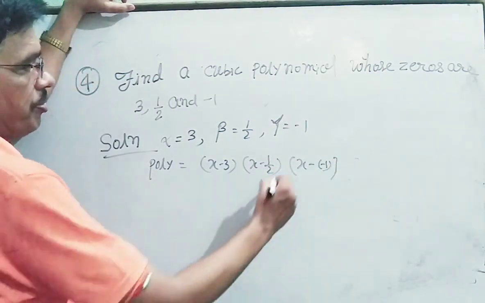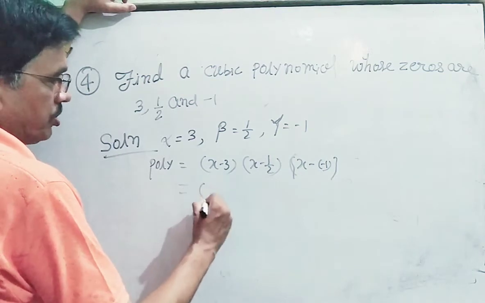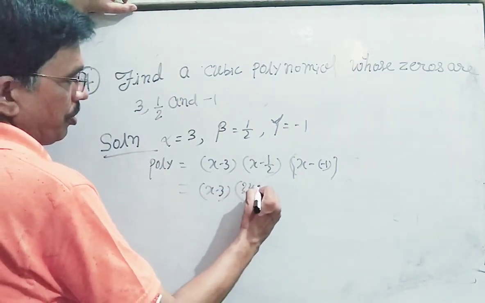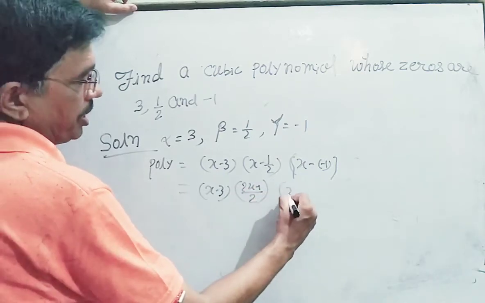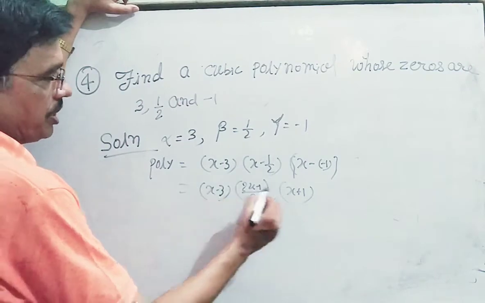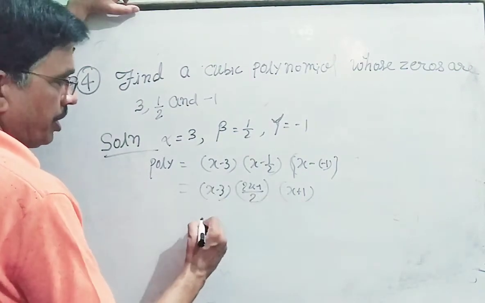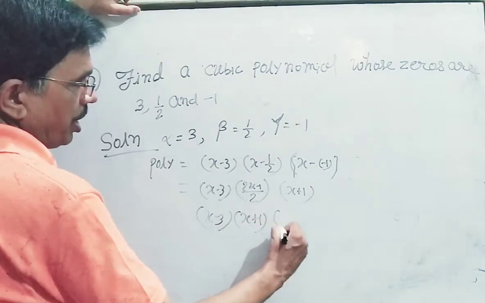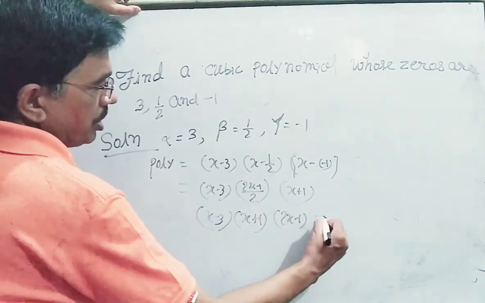That is the polynomial. So we write x minus 3, take LCM, that is 2x minus 1 over 2, and it is x plus 1. So first you multiply this, then you get x minus 3 and x plus 1 and 2x minus 1 over 2 is equal to 0.